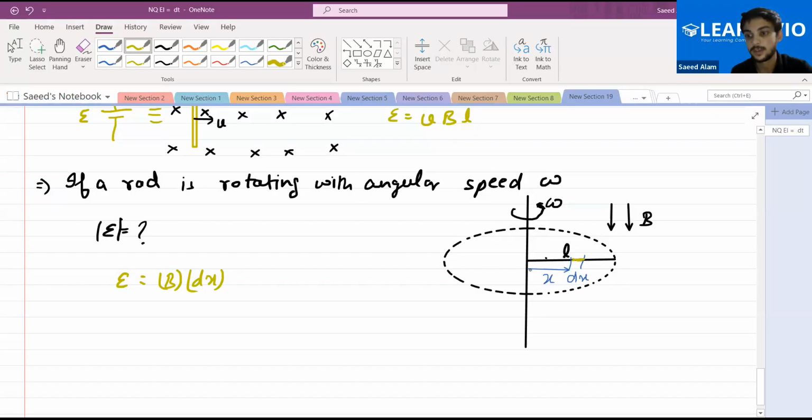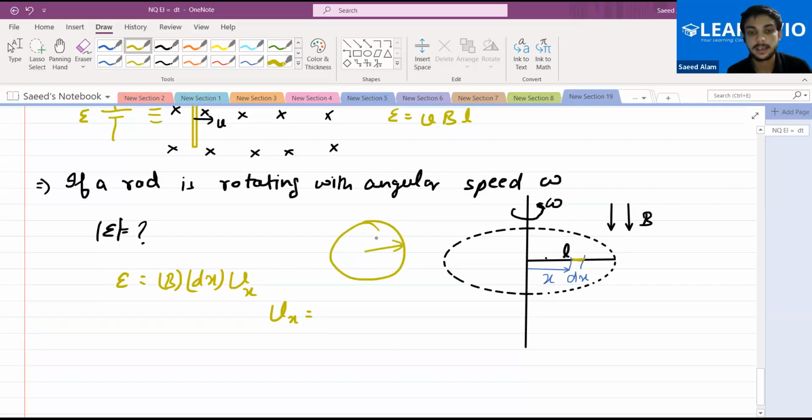And now tell me what will be the V here? V of X actually. What will be the velocity here? Do you know the formula that velocity equals r omega for circular motion?